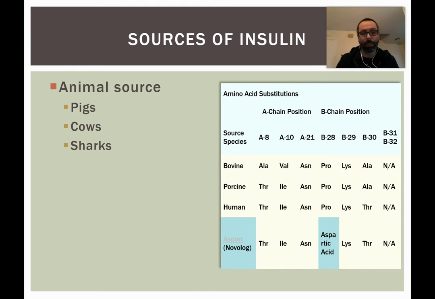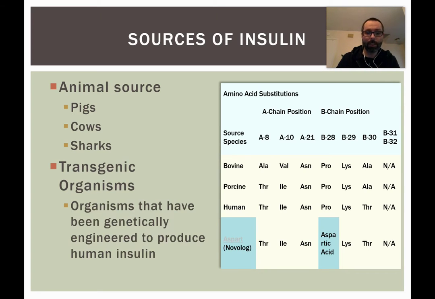But nowadays, you're not going to use pig or cow insulin. You're going to use insulin that was created by transgenic organisms that have been genetically engineered to produce human insulin, right? So they would actually make the real human form of insulin with all the same amino acids.